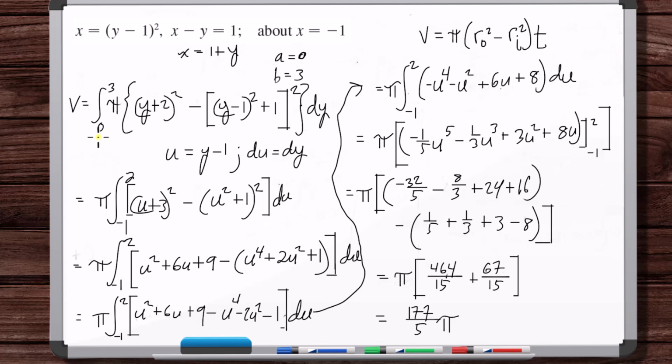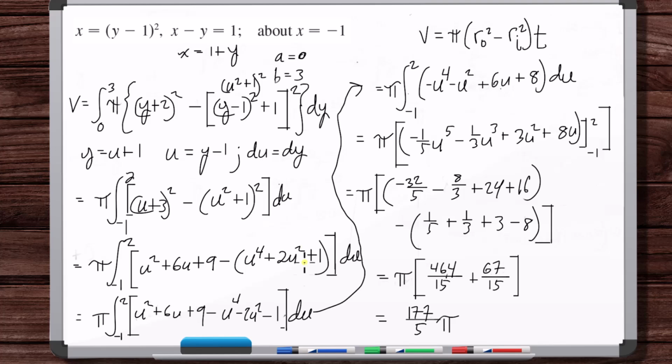When y is equal to 3, u is equal to 2. y is equal to u plus 1. So when you plug that in, you get u plus 1 plus 2, you get u plus 3, minus u squared plus 1 squared. Expand this: u squared plus 3u plus 3u plus 9. That's right, minus u to the fourth plus u squared plus u squared plus 1.